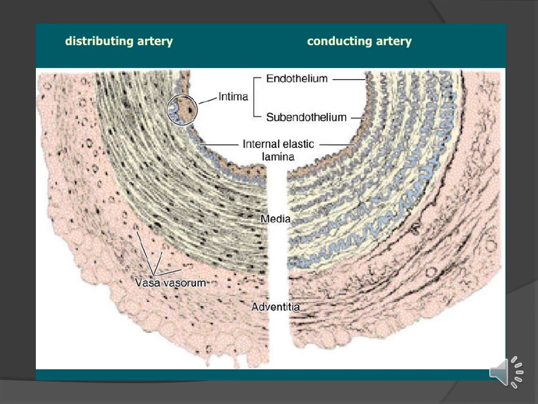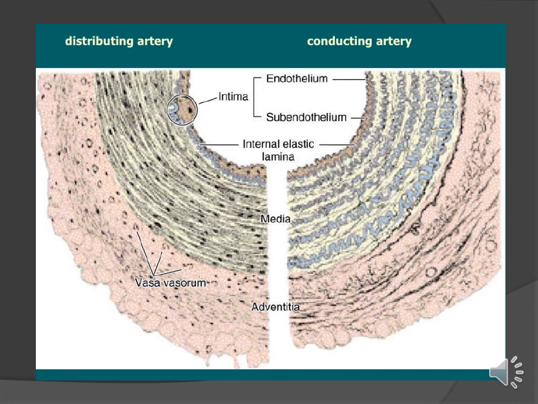the tunica media of the elastic artery is elastin, with numerous elastic fibers that form fenestrated membranes. The main component of the tunica media in the muscular artery is smooth muscle cells, which are arranged in up to 40 layers.